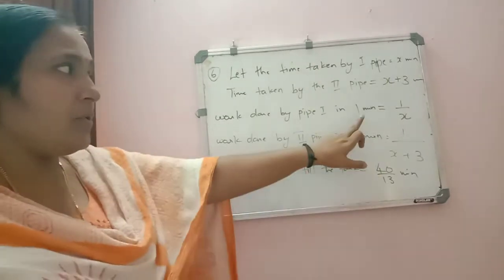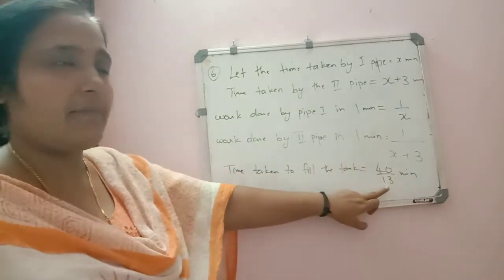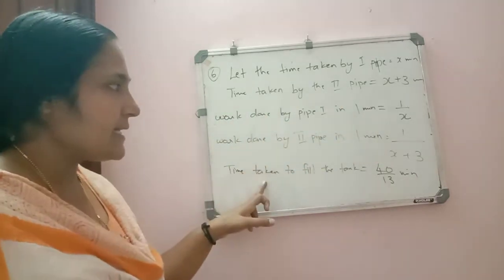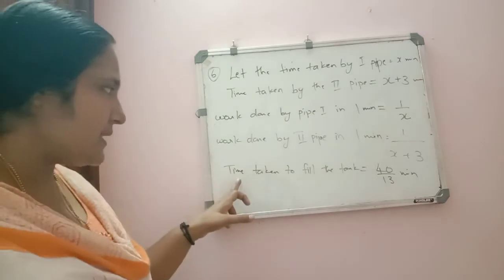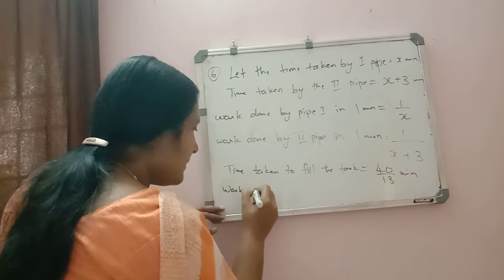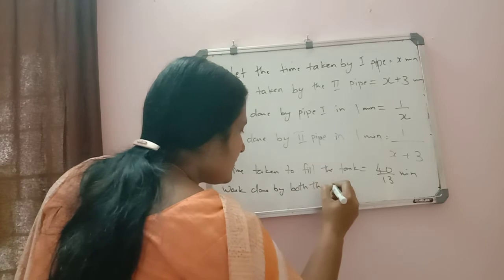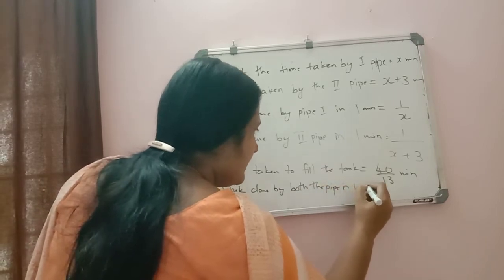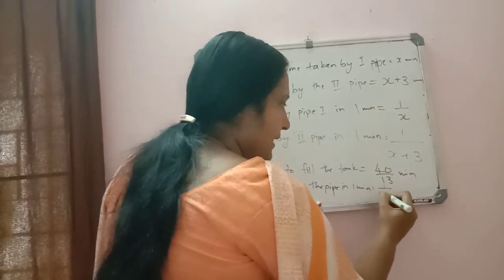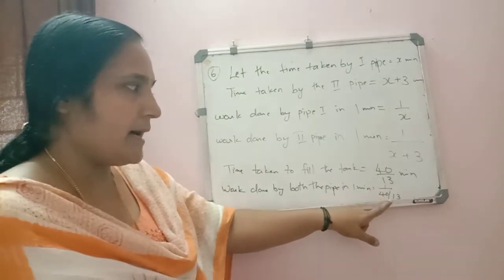Here don't make the mistake. Don't write 1/x plus 3 is equal to 40/13 minutes. Here we have written the work done by them, so the right hand side also should be work done only. At present we wrote time taken there. So now here we will write work done by both the pipes in 1 minute is equal to, as here we wrote reciprocal, in the same way it will be equal to 1 divided by 40/13.